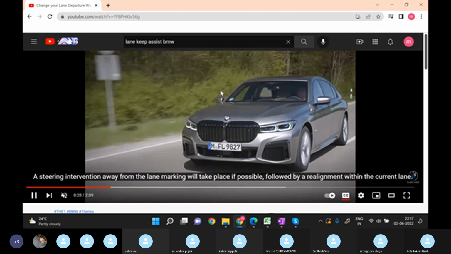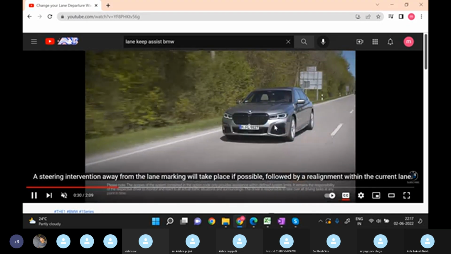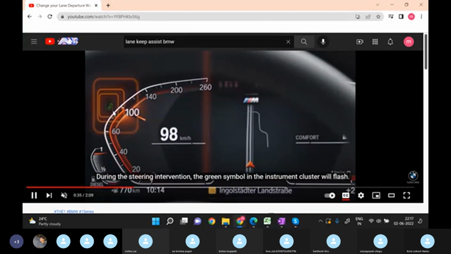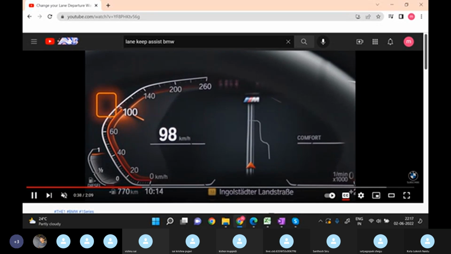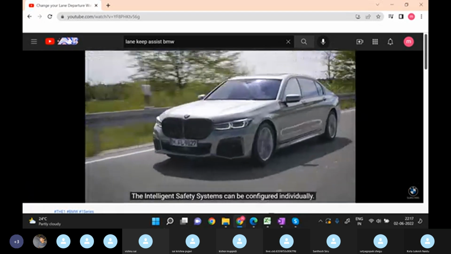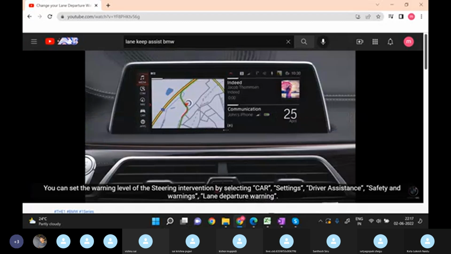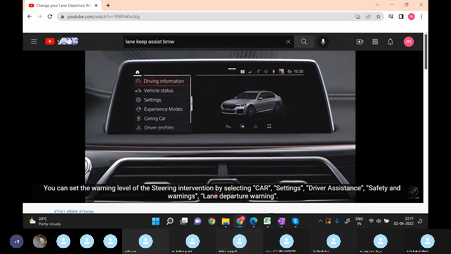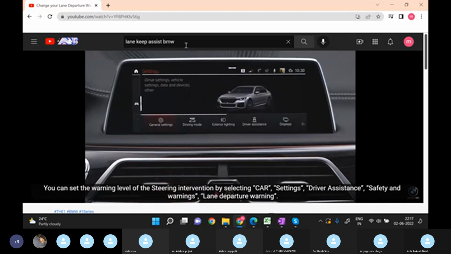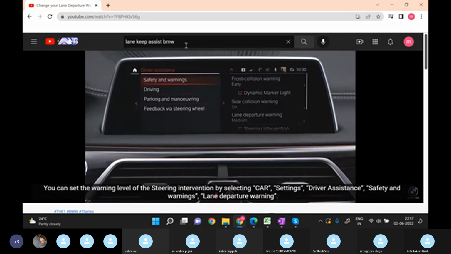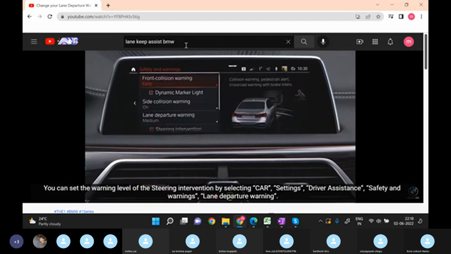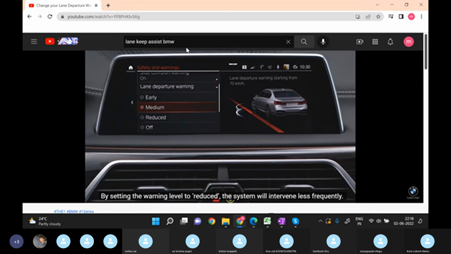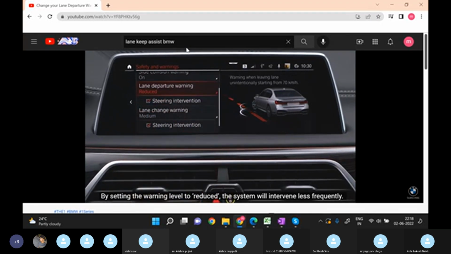Unintentionally, you have not kept the indicator on and you are trying to change the lane, so that's the reason it is giving a lane change warning. Got it? So this is how all the systems are there. There are lot many other systems which will be assisting the driver in so and so cases.